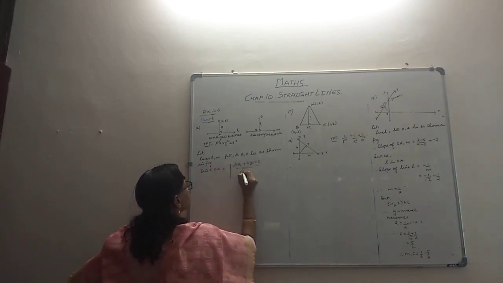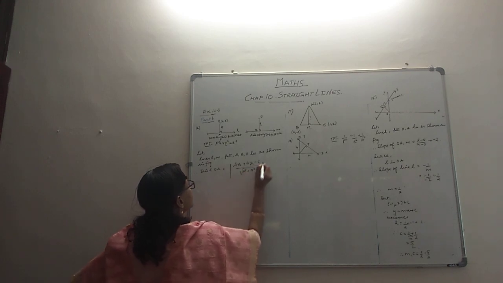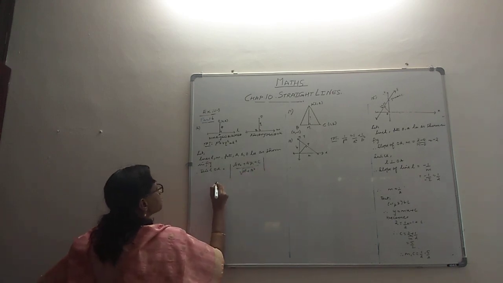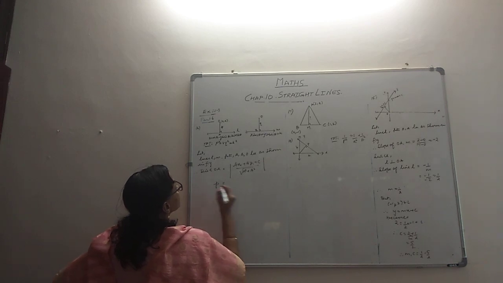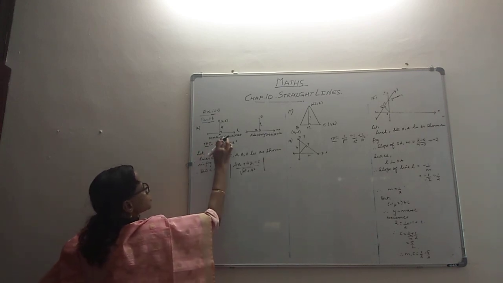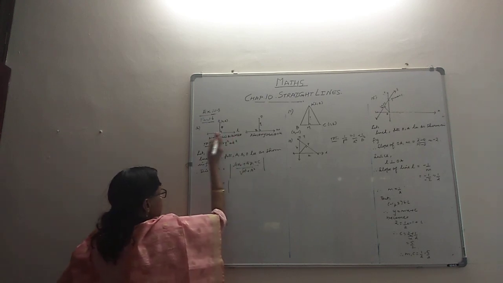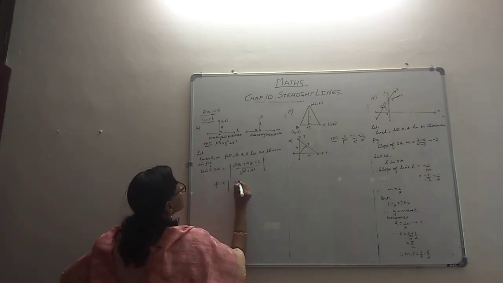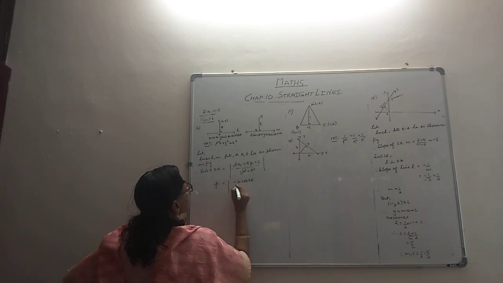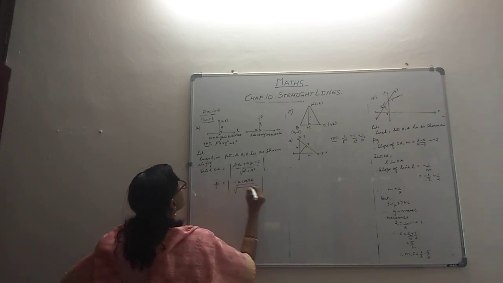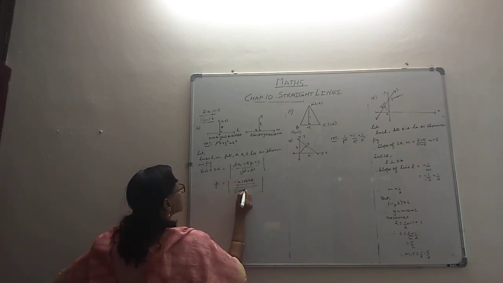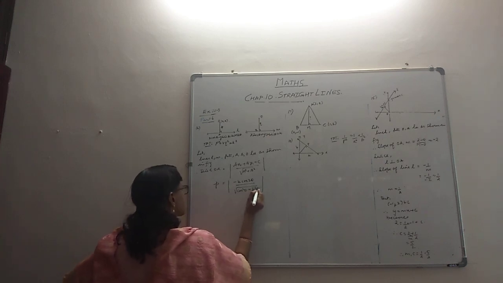For once, I will just write the equation because it's been quite some time since we have done this. So with this, distance OA, which is P, is equal to, you have these substituted here. So those are all zeros, they will go off. And only c, which you have to bring on this side, minus k cos 2 theta by root of a squared plus b squared, which means cos squared theta plus sin squared theta, which is 1.